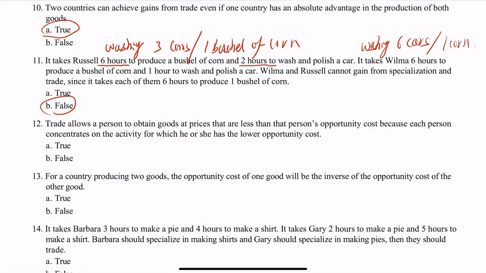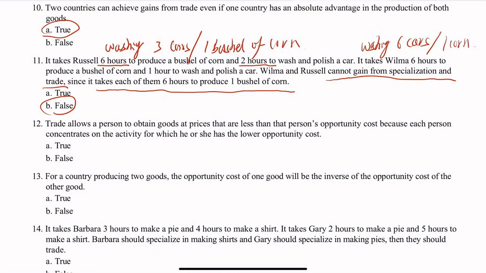Generally, if a problem says you cannot gain from specialization and trade, most of the time this statement is wrong. And the reason here is also not correct, right? Whether you need specialization really depends on comparative advantage, that is, the opportunity cost of production.